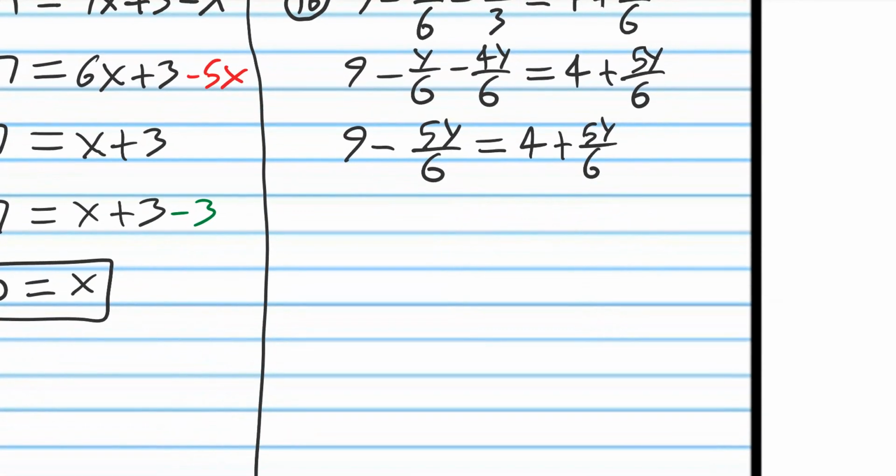All right. So now we're ready to get the y's on the same side. And 5y over 6 plus 5y over 6 is 10y over 6.